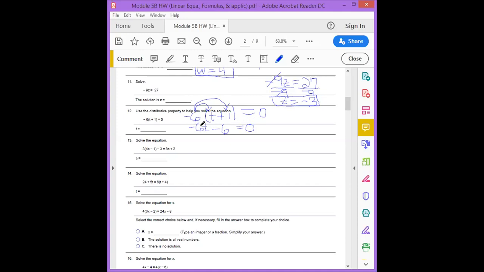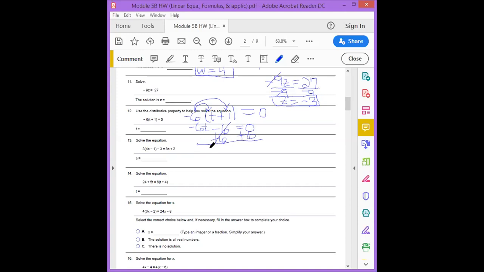So we'll start solving this equation. We want t by itself. That's our goal. We have a 6 that's attached to it, and then we have a 6 that's not. Remember, you always start with the term that's not attached to the letter. So the opposite of subtracting 6 will be to add 6. So we'll start here. Add 6 to both sides of the equation. -6 plus 6, that cancels.